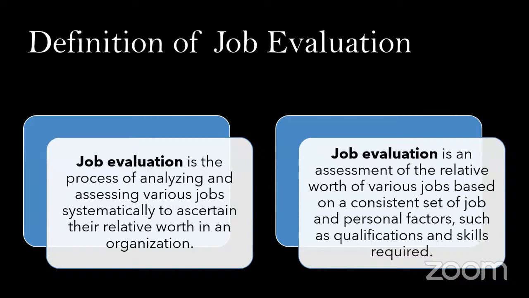By definition, job evaluation is assessing various jobs systematically to ascertain their relative worth in an organization. Job evaluation is an assessment of the relative worth of various jobs based on a consistent set of job and personal factors, such as qualifications and skills required.